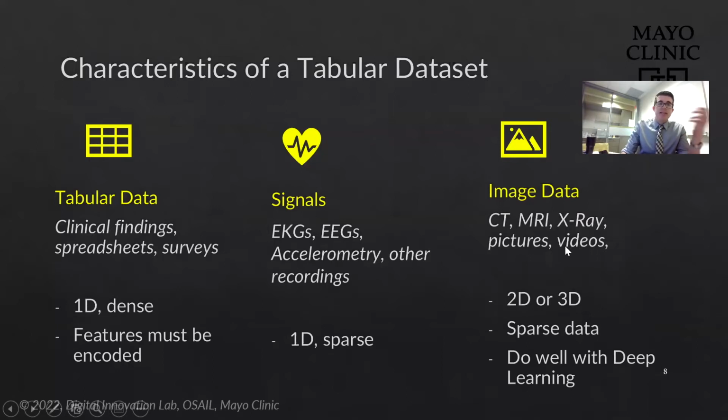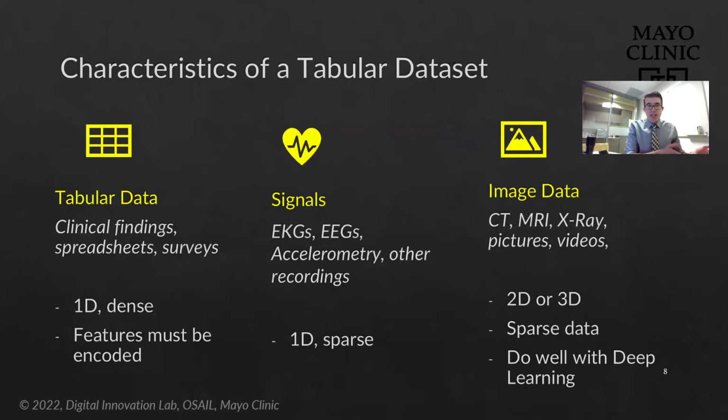And I would say the biggest thing that differentiates tabular data from these other data types is just the density of data. And what I mean by density is, if you think about comparing an image to a spreadsheet, if you were to change 1 pixel in an image, it might not necessarily have a very big impact on your interpretation of that image.